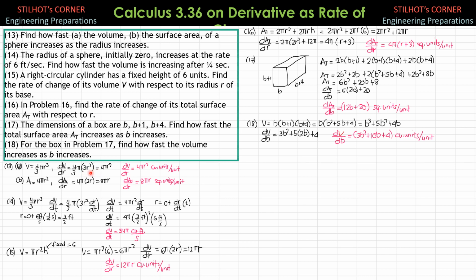And simplifying, after we cancel 3, 4 pi r squared. So dV/dr therefore is 4 pi r squared. The units would be cubic units per unit because the numerator is volume, so that's cubic units, and the denominator is unit of length because that's the radius, so cubic units per unit.